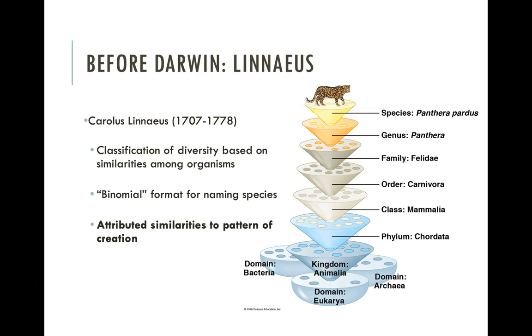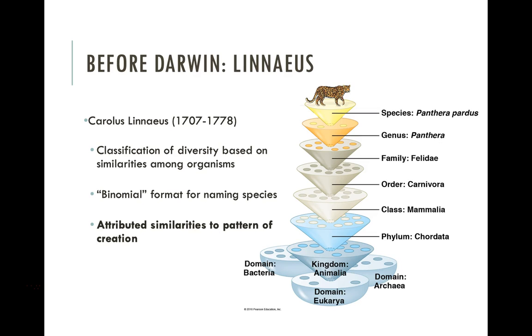And from him, we get this Latin binomial format for naming species. So even today, all species have two names. They are named based on their genus, which is one category above species, and then their species. So for humans, we're Homo sapiens. Our genus would be Homo.